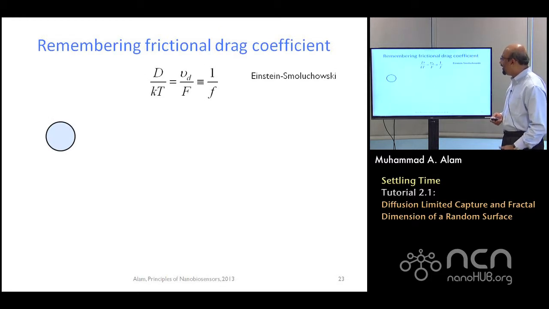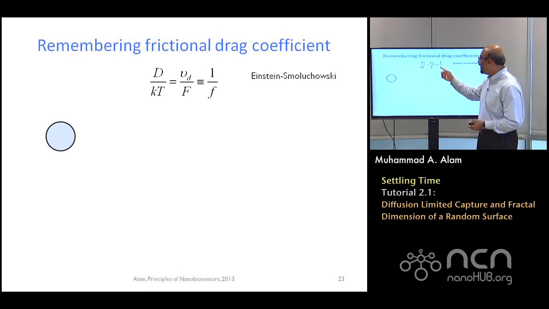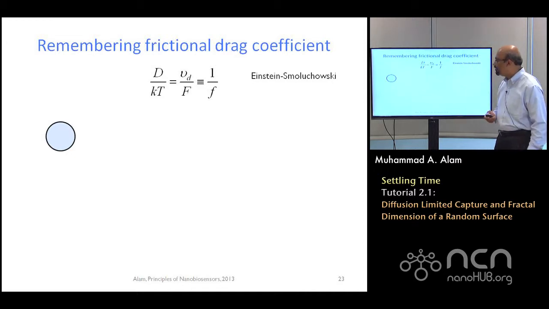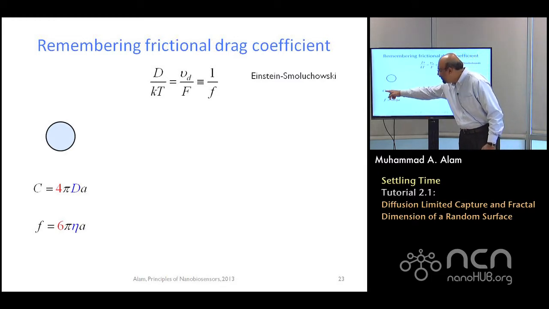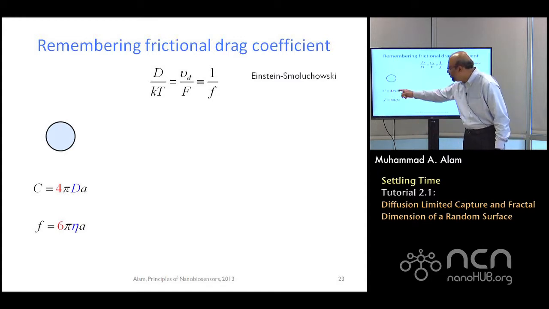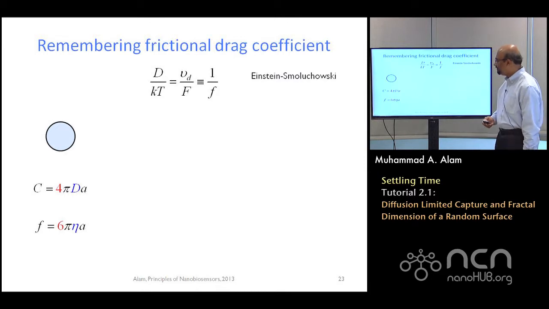Now, this F, it looks like once you know F, then you know everything. So for example, for a sphere, we know how to get C, but there is this strange analogy that if you know the capacitance, then you know the drag coefficient. All you have to do is to replace epsilon with eta and 4 by 6.